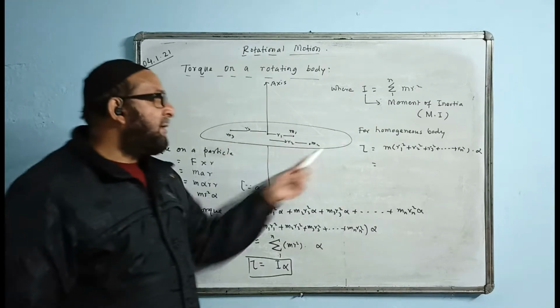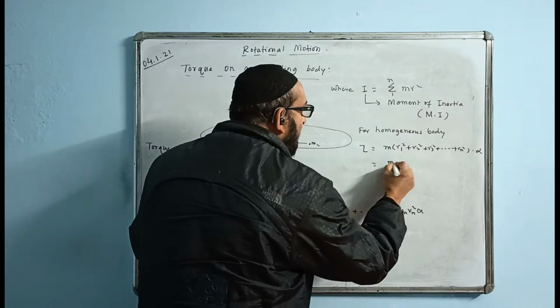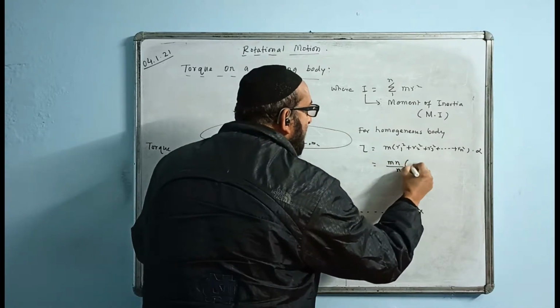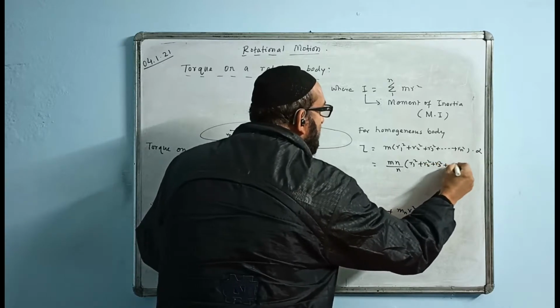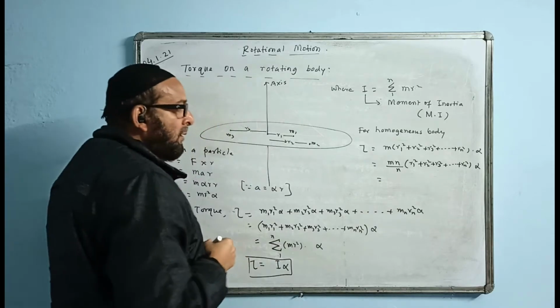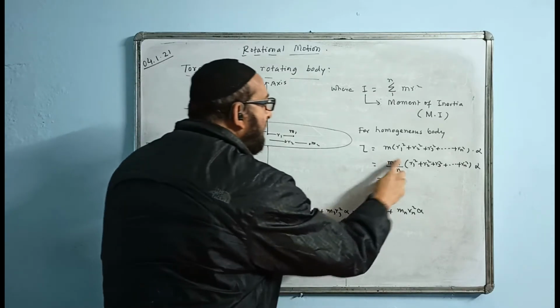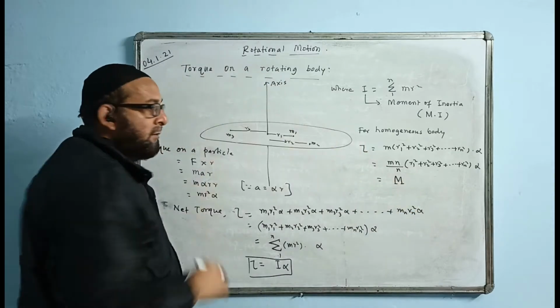Suppose there are n such particles. So we multiply by n and divide by n. We get m into n times r1 squared plus r2 squared plus r3 squared and so on up to rn squared, divided by n, into alpha. This m into n makes capital N, the mass of the entire body.